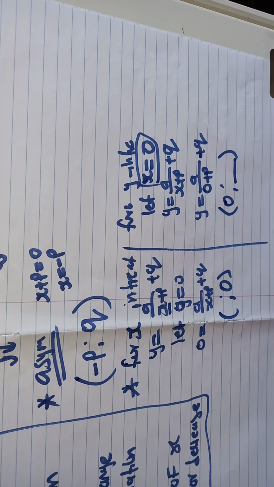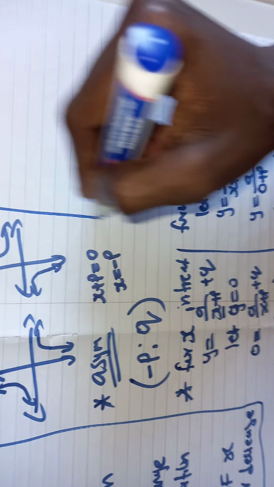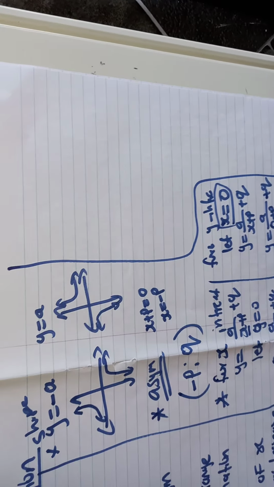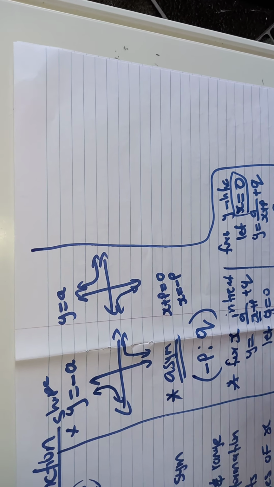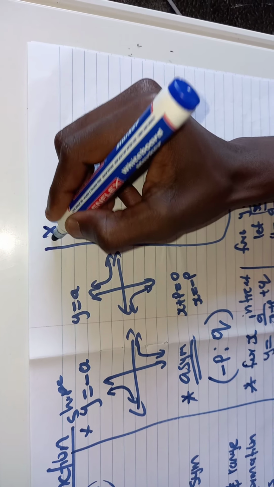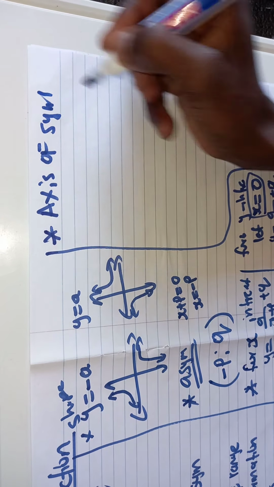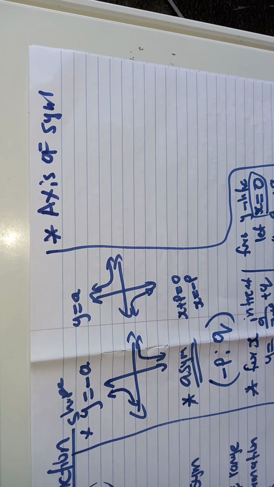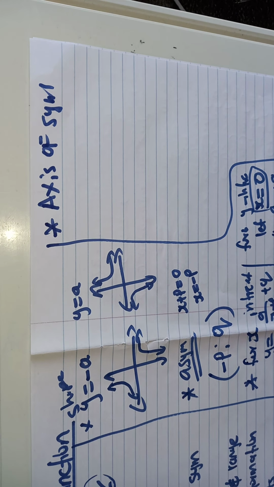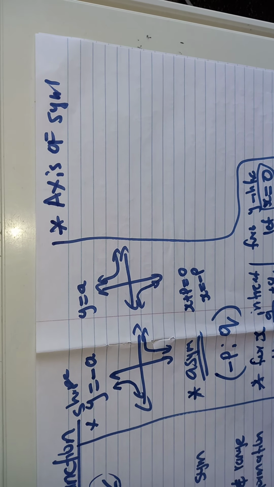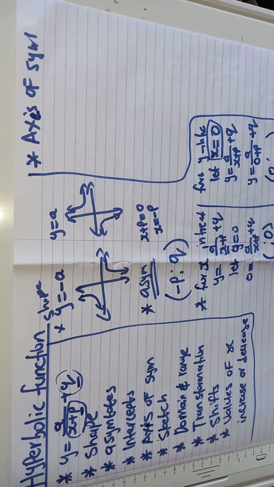And then now let's go to the axis of symmetry, lines which divide our graph or our function. Okay, axis of symmetry, guys.